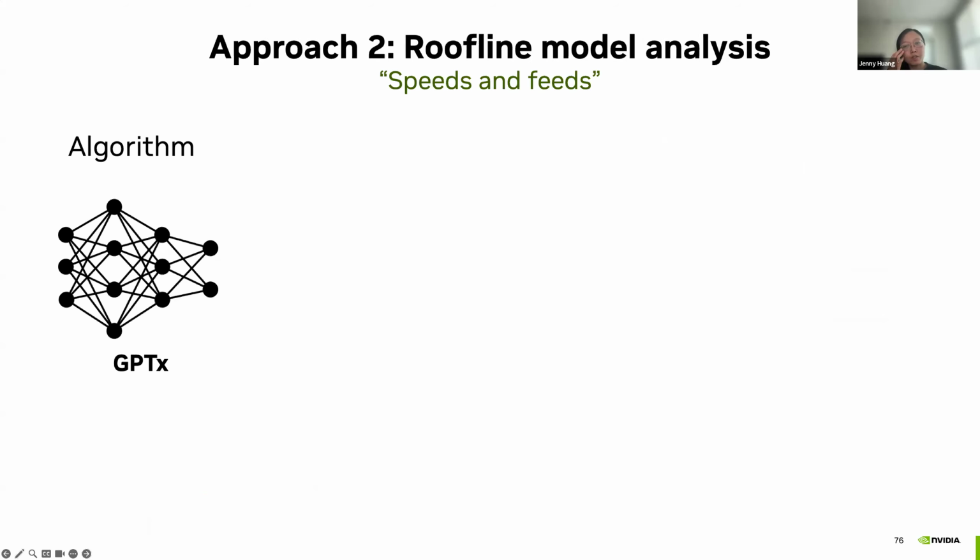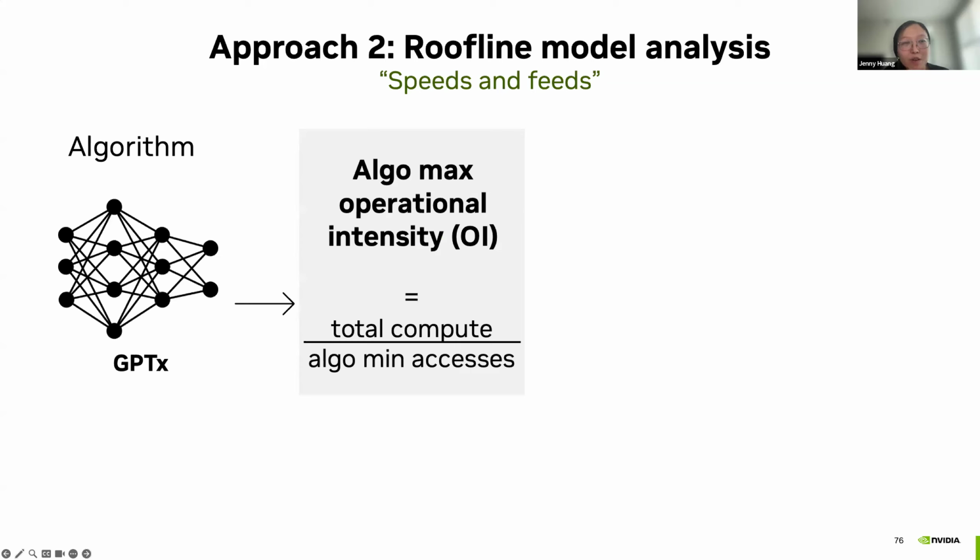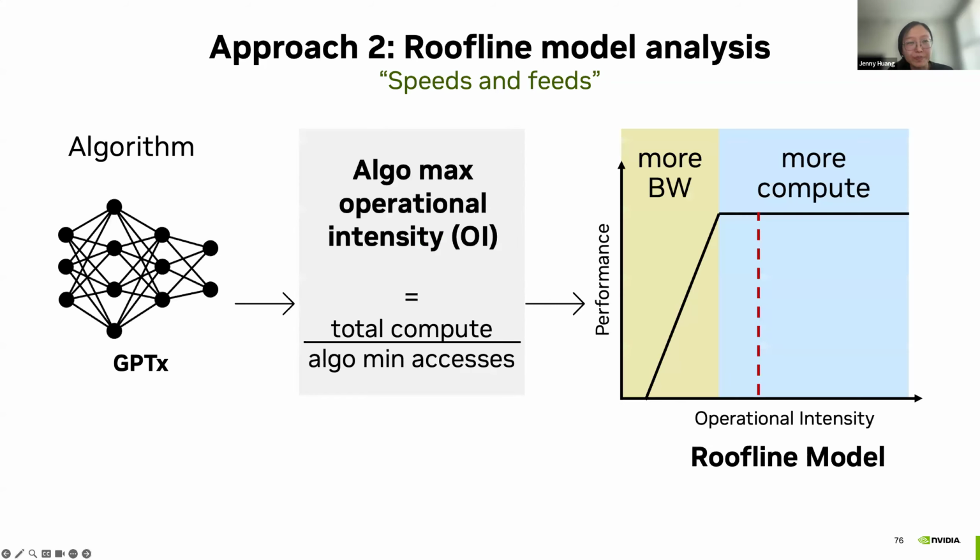So as an alternative in the real world, architects often turn to a roofline analysis with speeds and feeds calculation to develop a very fast design intuition in early stage design space exploration. And this analysis is typically carried out using what we call the algorithmic maximum operational intensity, which is the total compute of an algorithm divided by the algorithm minimum data access count, which is equivalent to the sum of all the operand sizes in a tensor algorithm.